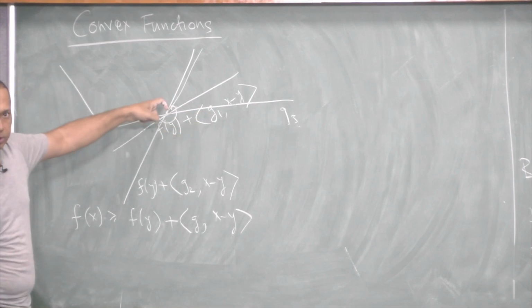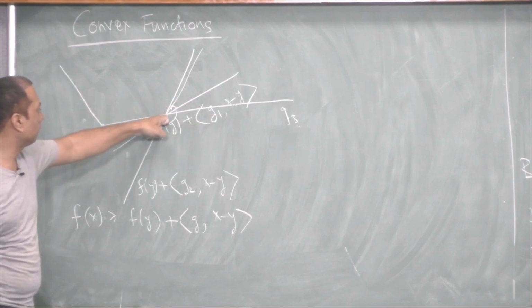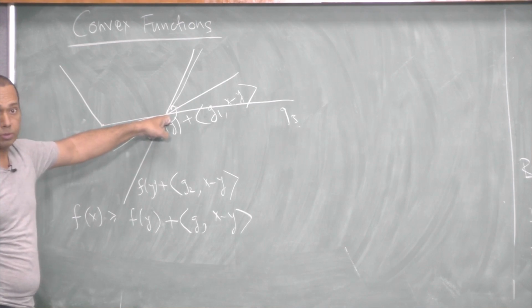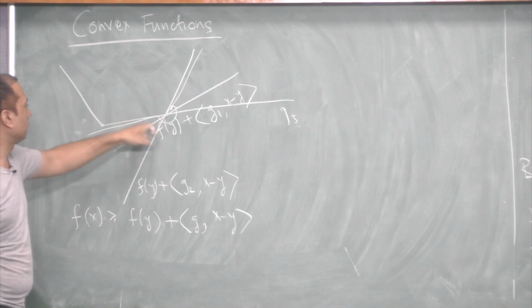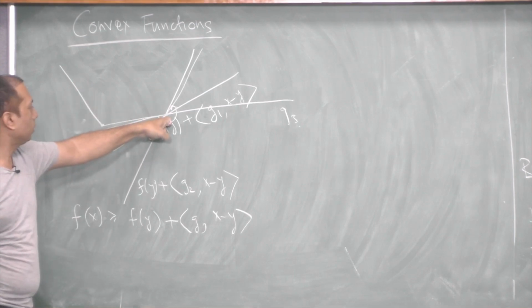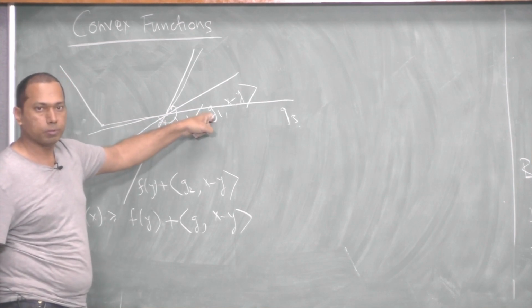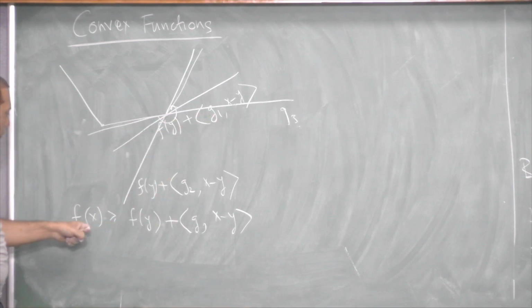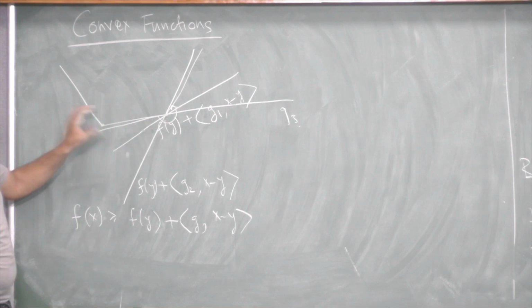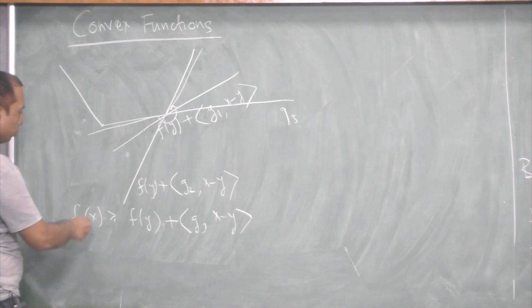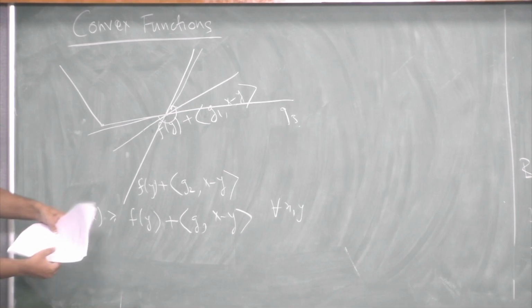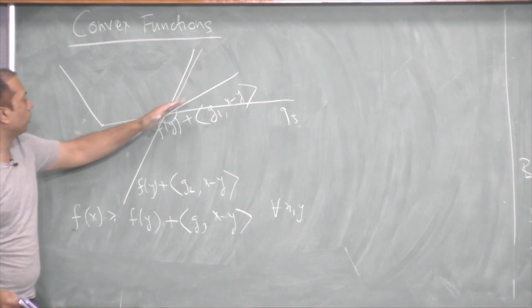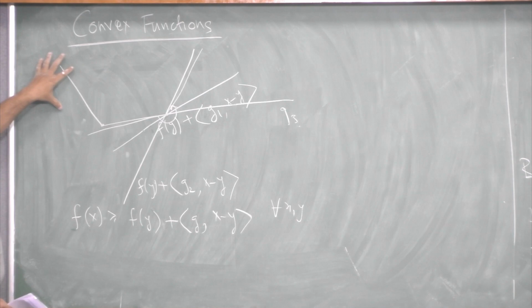But if f is convex and non-smooth, like here, still bowl shaped but non-differentiable, then all those g's that I take have to satisfy this for all x and y. Let us stick to convex for the moment. This is still convex, so this should be true for all x and y, because any of these tangents must be a lower bound for the whole function.